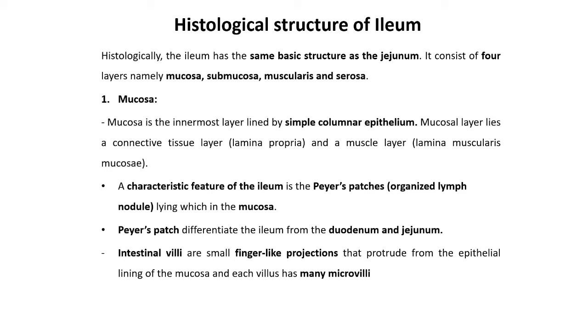These intestinal villi are nothing but finger-like projections, lined by epithelial tissue, and at the tip of these villi again there are many microvilli. So these microvilli are secretory as well as absorptive in function.